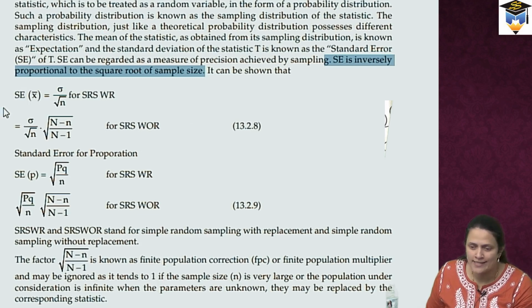So the formula SE x bar, that is SE of mean, is given as sigma upon root n, with replacement. This is for with replacement.